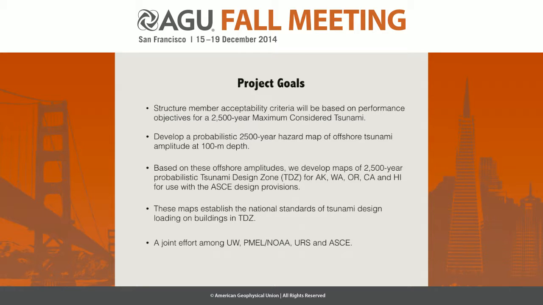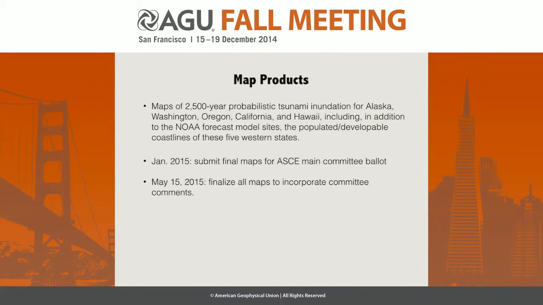And then based on those offshore amplitudes, we'll develop the tsunami design zone for the 5 states for use with the ASCE design provisions. And these maps will establish the national standards of the tsunami design loading on the buildings in the tsunami design zone. This is going to be a joint effort among University of Washington, NOAA, URS Corporation, and the ASCE.